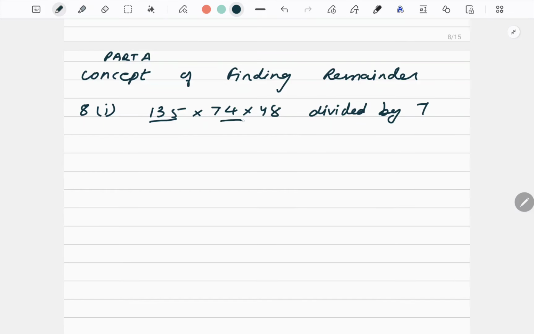It has 3 numbers and I have to divide it by 7. So when I divide 135 by 7, the remainder will sit here. My target is to find the remainder when this whole product is divided by 7. Correct? Now second term, 74, when it is divided by 7, remainder is x2.